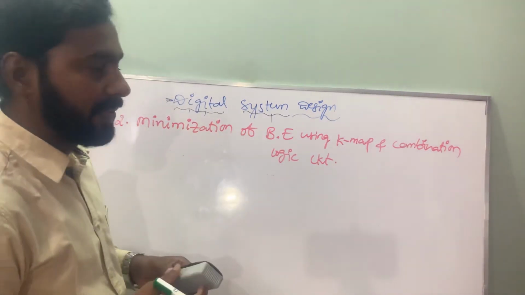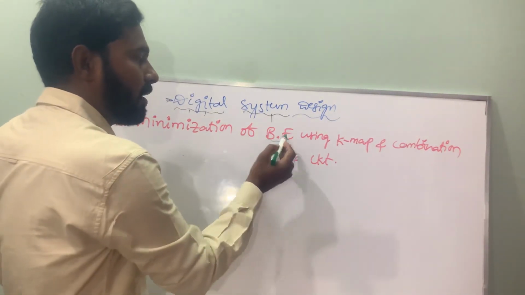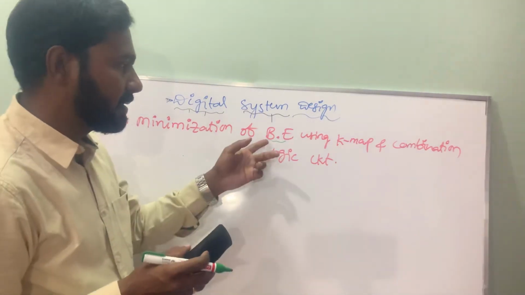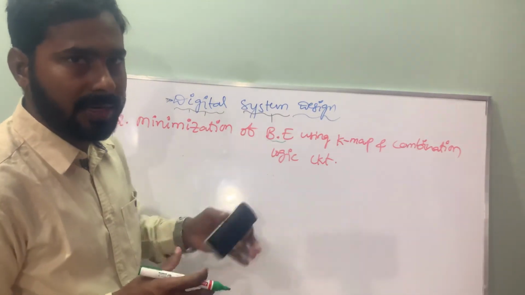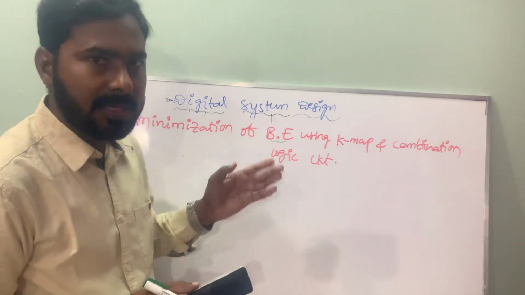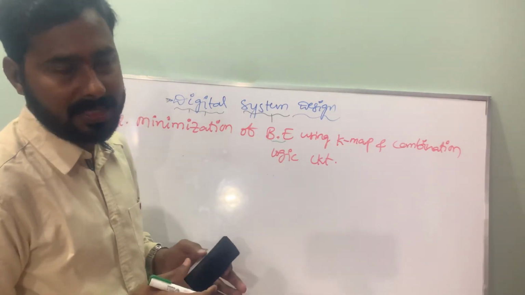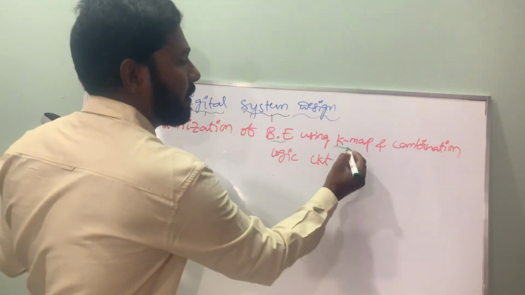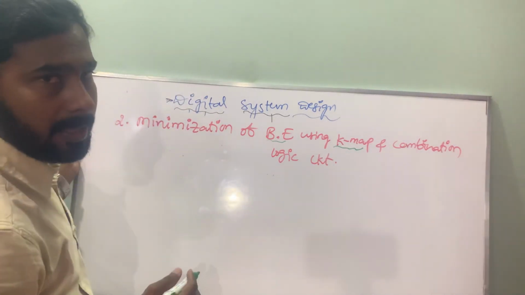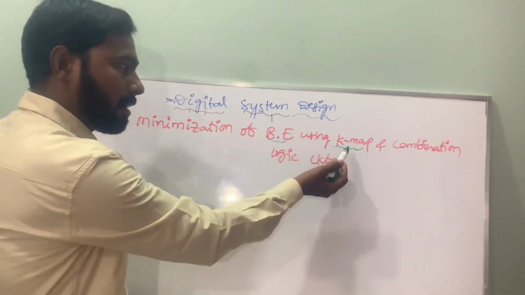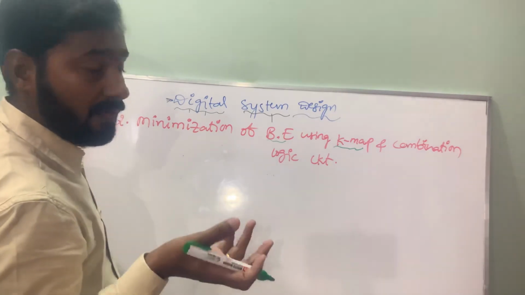We already discussed minimizing a Boolean expression using Boolean laws and properties. Another method is the K-map, the Karnaugh map. By using the K-map also we can minimize the Boolean function.